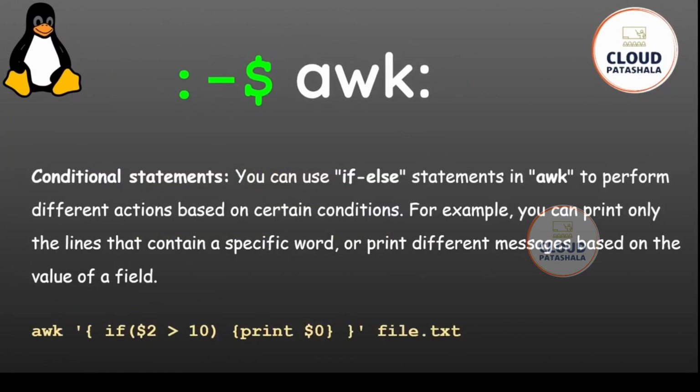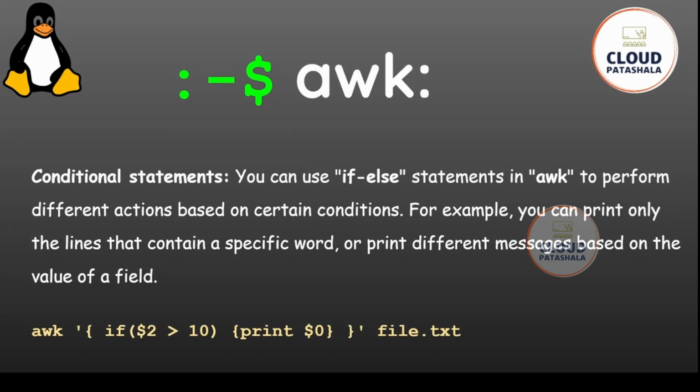Awk is also capable of having conditional statements. So we could use if-else statements in awk to perform different actions based on certain conditions. For example, you can print only the lines that contain a specific word, or print messages based on the value of a field.